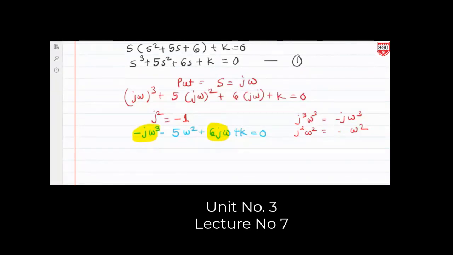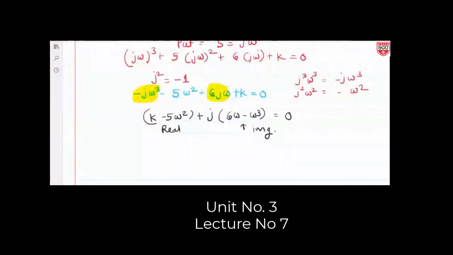K minus 5 omega square is the real part, and plus j, I will take common, 6 omega minus omega cube is the imaginary part. This is the imaginary part and this is the real part. Now what we have to do? We have to make it separate.